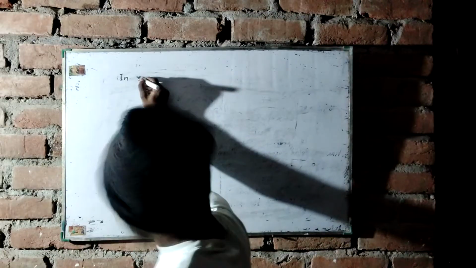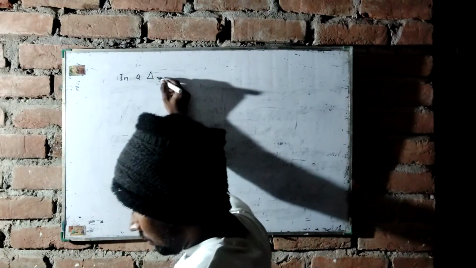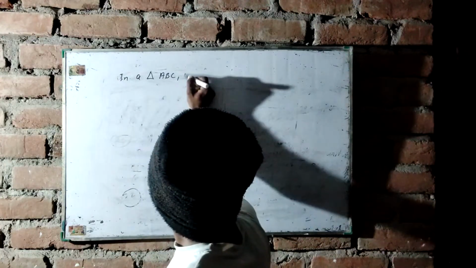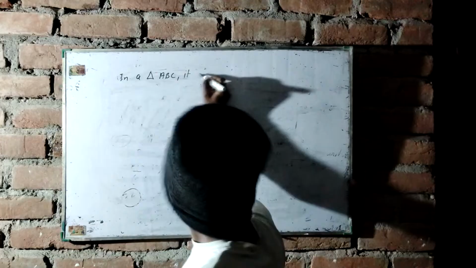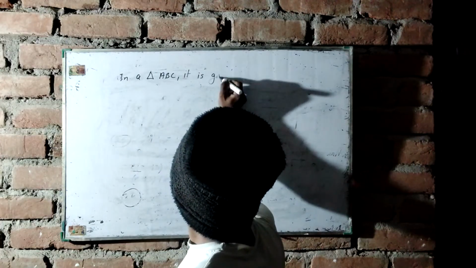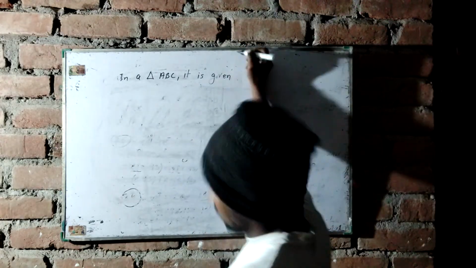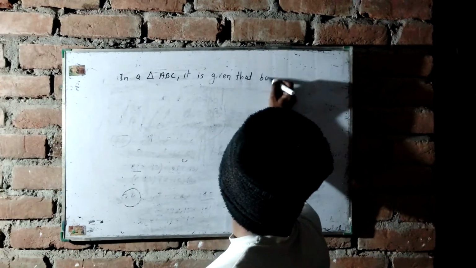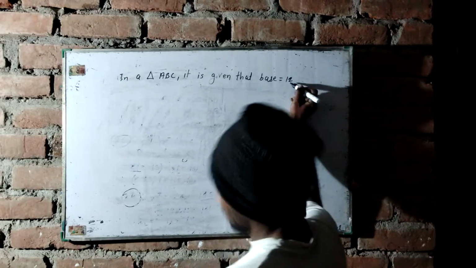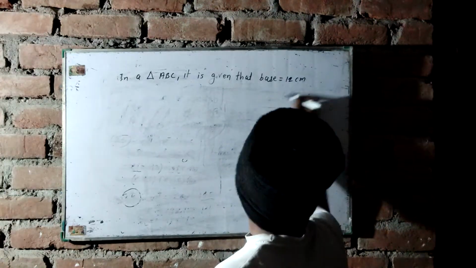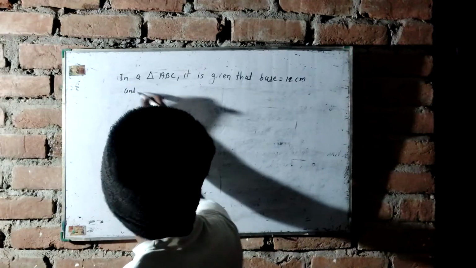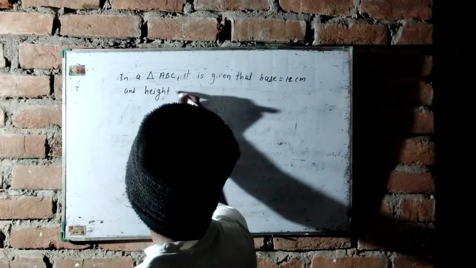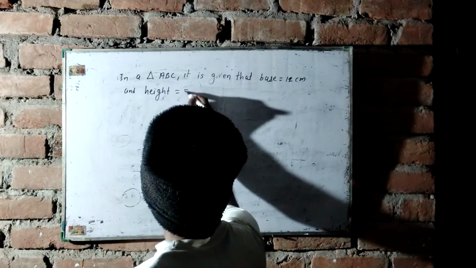In a triangle ABC, it is given that base is equal to 12 centimeter and height is equal to 5 centimeter.